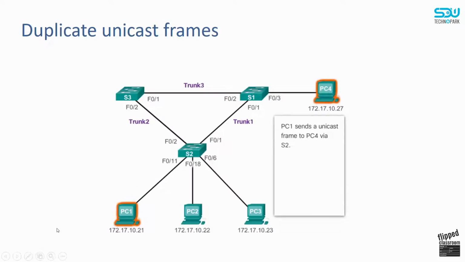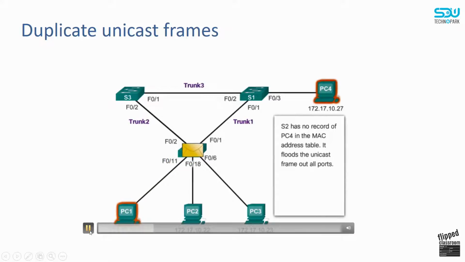And another problem which can be faced is the duplicated unicast frame. Let's take a look at the communication between PC1 and PC4, and this is unicast communication, and our switch thinks about PC4 that it is connected through FA0/2 and FA0/1 ports.